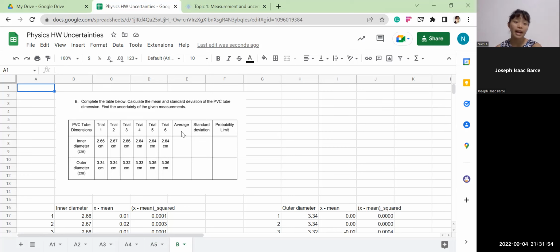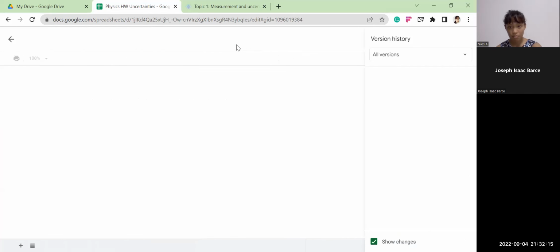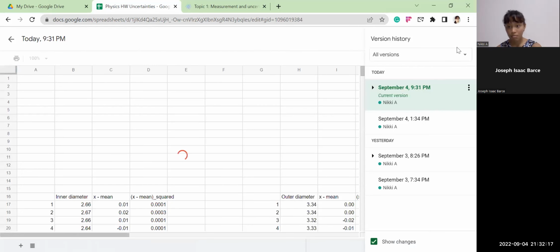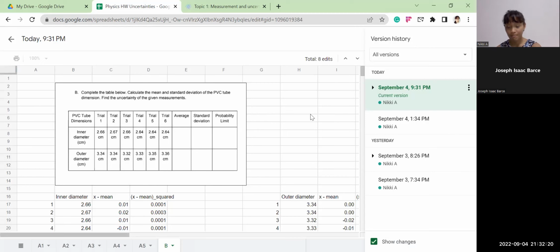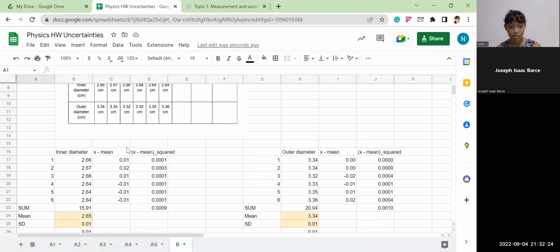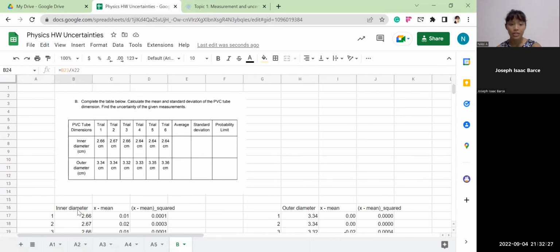Okay, so can you please get the average for the inner diameter? 2.65. Very good.